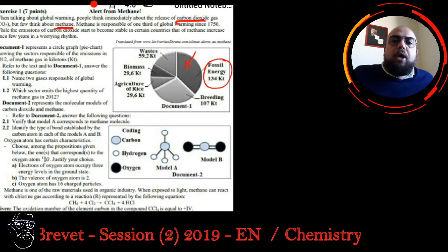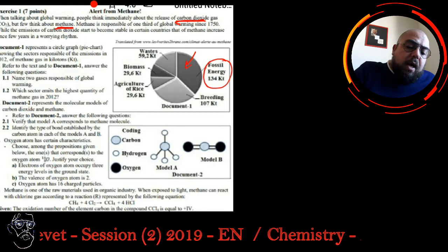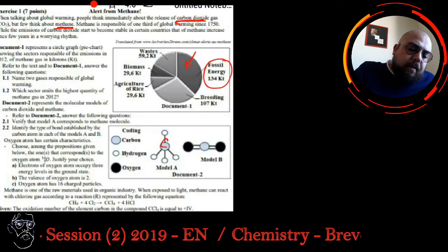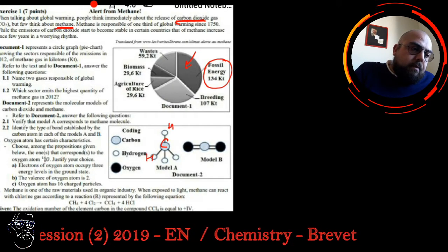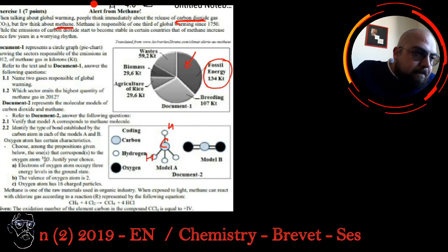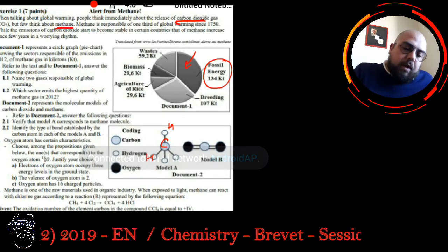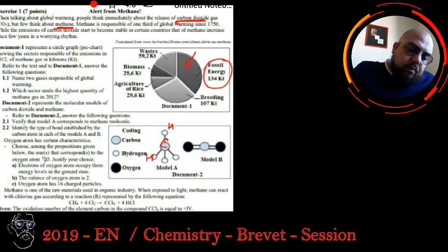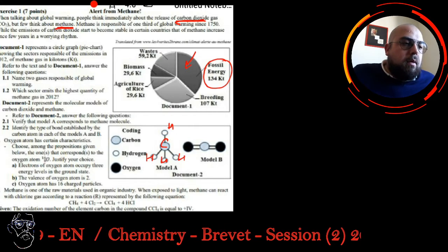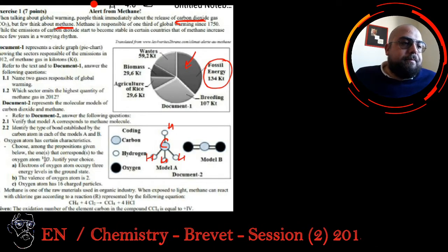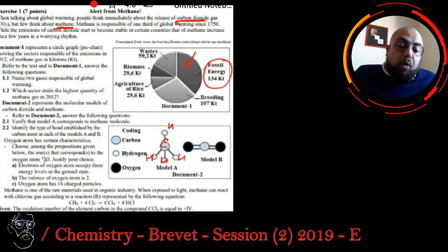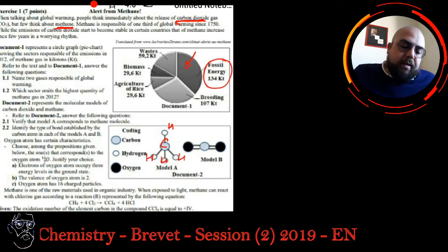So model A should be methane gas, and in reality it is formed by a carbon and hydrogens. So you can say that model A, which is CH4, represents the methane gas.